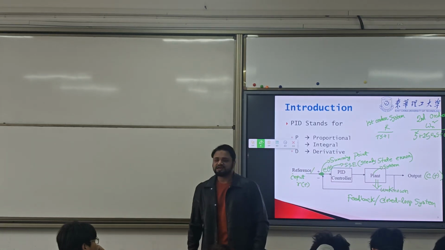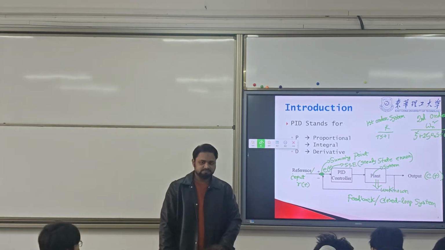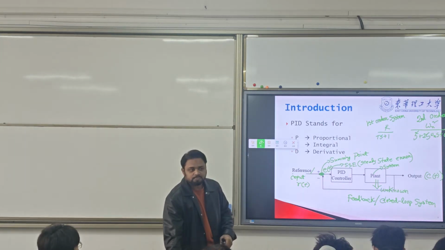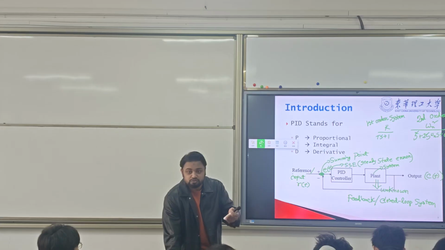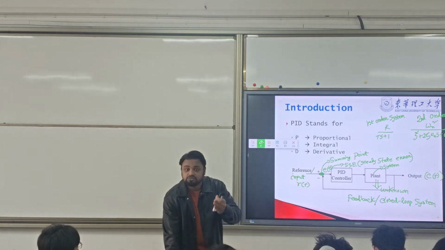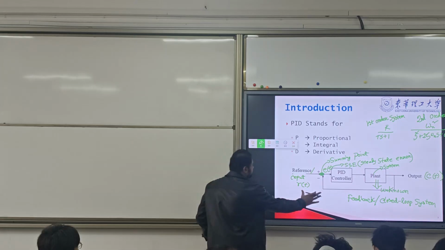How can we analyze it? At that time we need a controller. The controller controls that system. So if your system is unknown, then you need to use a controller to control your system.